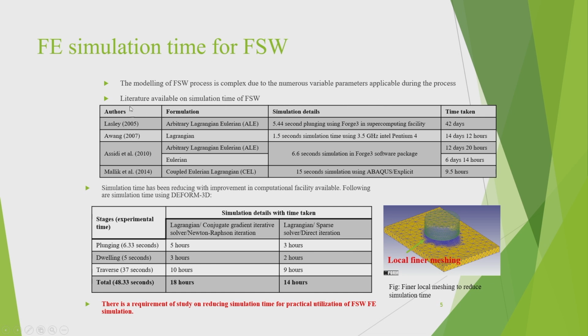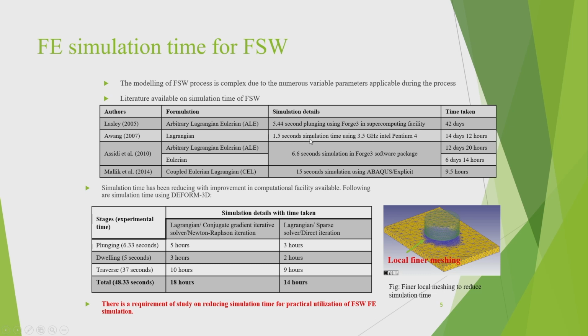Now, if we see some papers in the literature, Meshless has used the arbitrary Lagrangian-Eulerian approach, and he simulated 5.44 seconds of plunging using Forge 3 software in a supercomputing facility, but it took 42 days to complete the whole analysis.